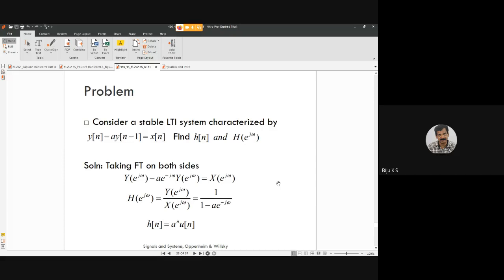Our aim is to find the frequency response and the impulse response.